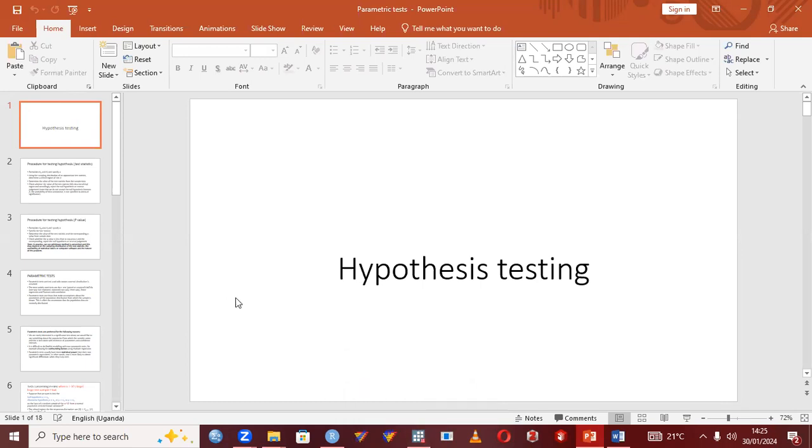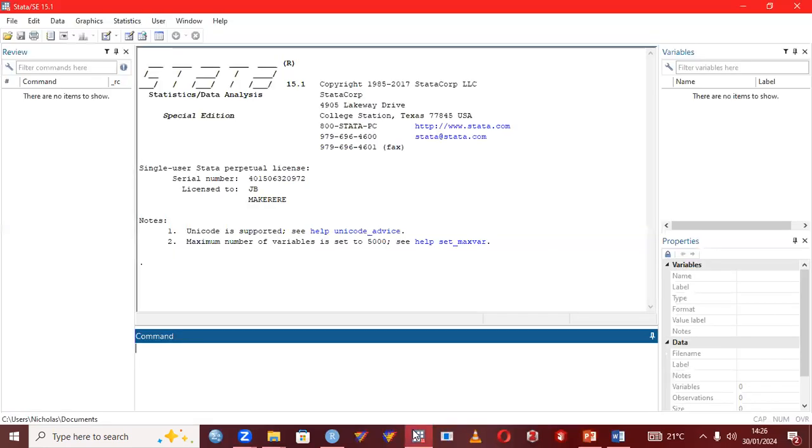You can type in the chat, you comment. We are going to use STATA for our next example.